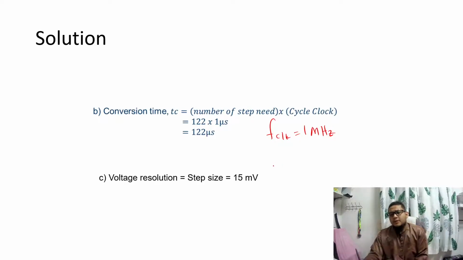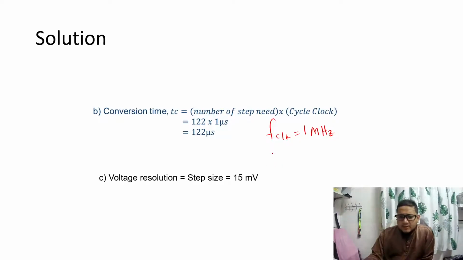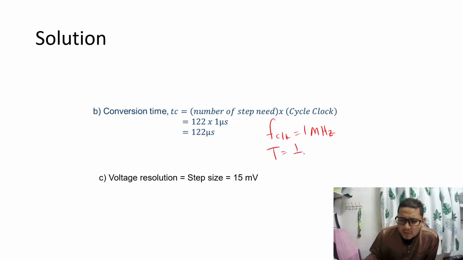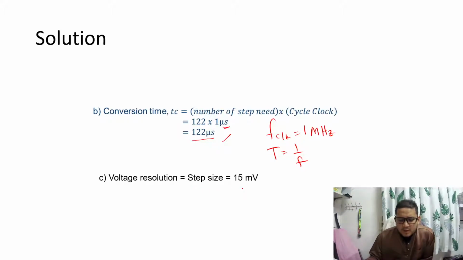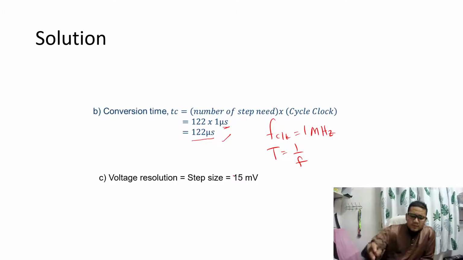Okay, so kita boleh calculate time kita. So time kita adalah 1 over F, so kita akan dapat 1 microsecond, and then bila kita multiply, kita akan dapat conversion time kita adalah 122 microseconds. Okay, now the voltage resolution is the same as the step size, so kita akan dapat 15 millivolts.